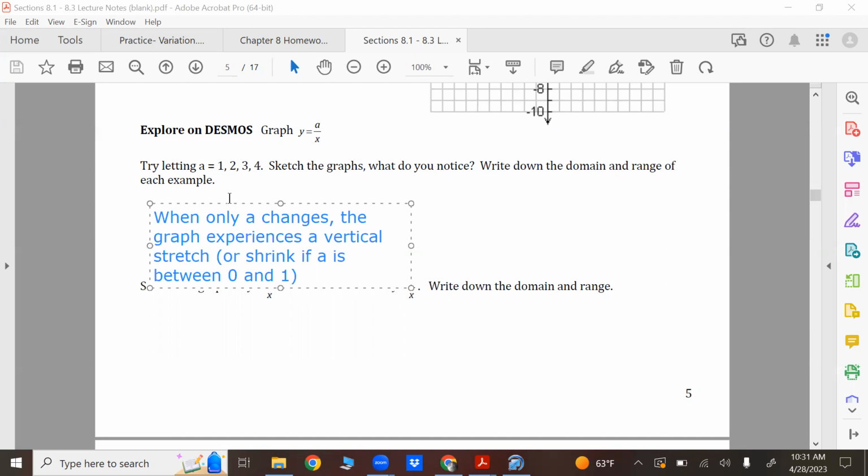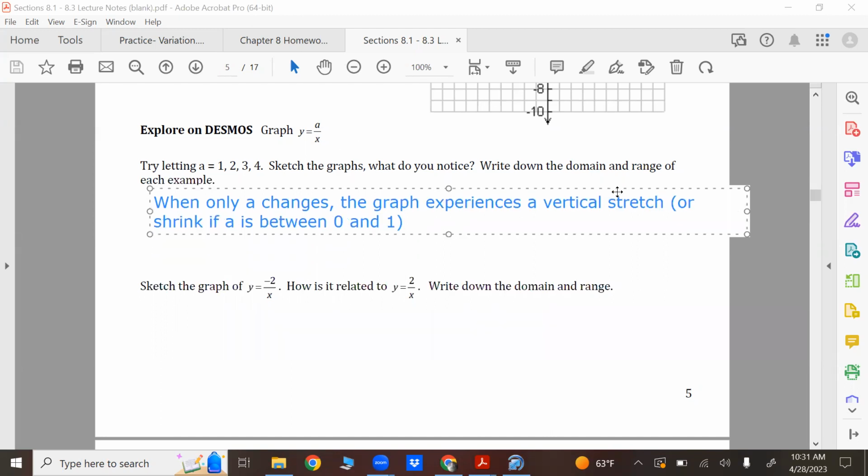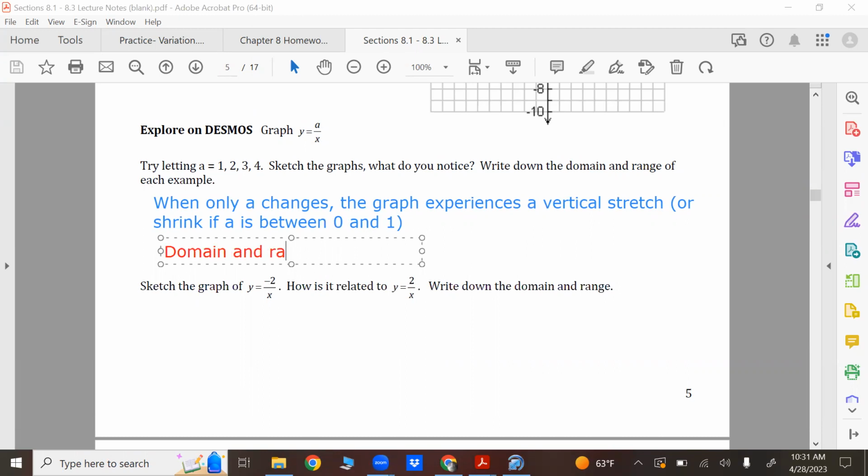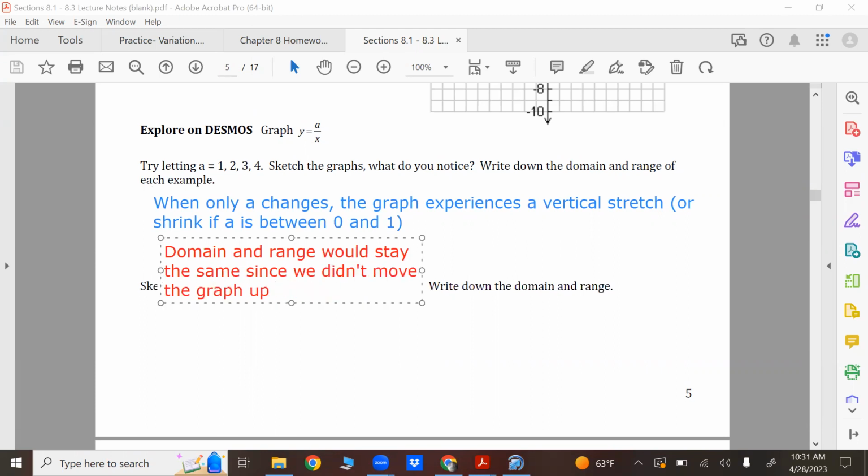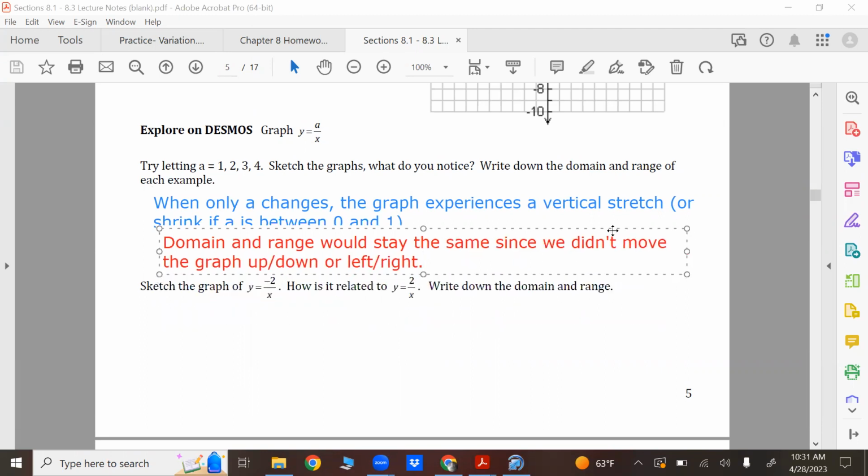Yeah, exactly. So domain, so that's the other thing we'll say too. Domain and range stay the same.